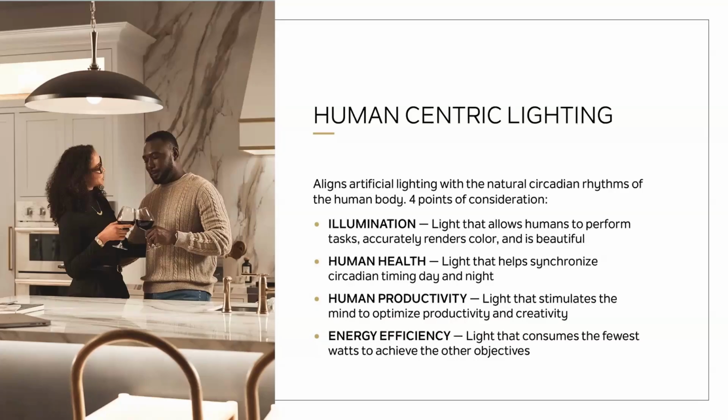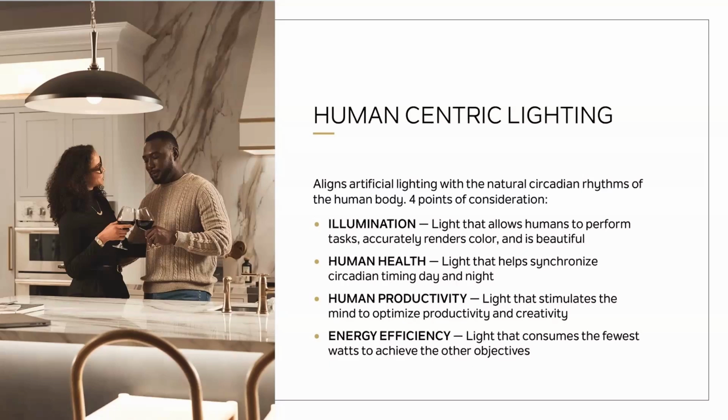But technology has evolved enough that artificial light can be used to mimic and basically simulate the qualities of natural light. And human centric lighting takes into account the biological responses to light and takes into consideration illumination, human health, human productivity, and energy efficiency.